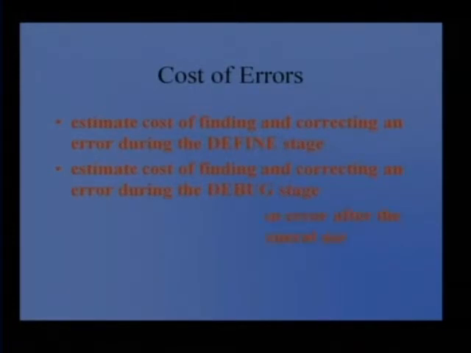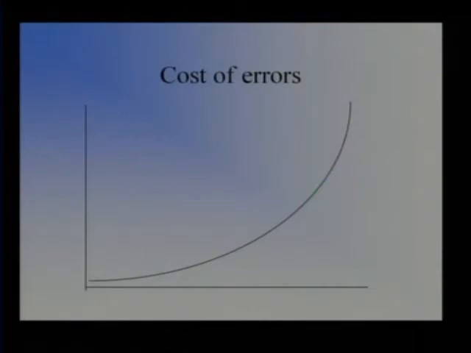And then the last stage is after the program's been placed into general use. After you're using this building and you have to shut down your business for a while so that you can move this wall over, you've got some other costs associated with that. So there is a considerable cost of errors.